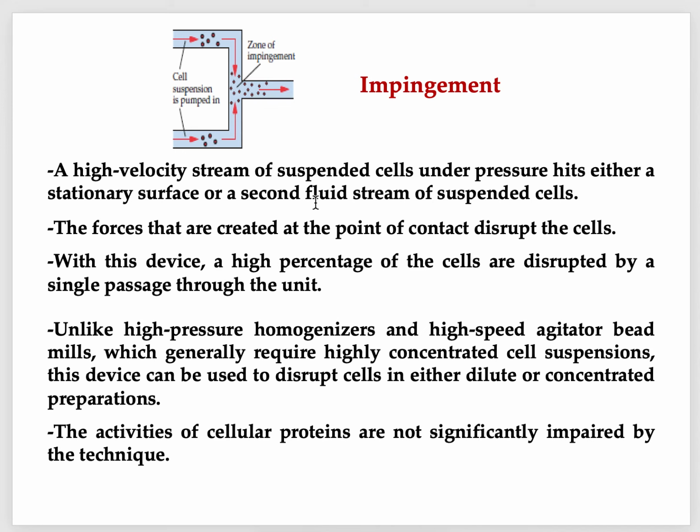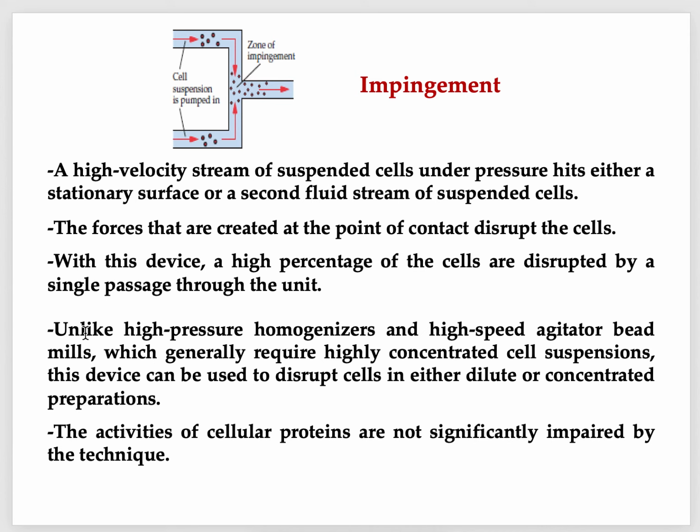So a high velocity stream of suspended cells under pressure hits either a stationary surface or a second fluid stream of suspended cells, and the forces created at the point of contact will disrupt the cells. With this device, a high percentage of the cells are disrupted by a single passage through the unit.